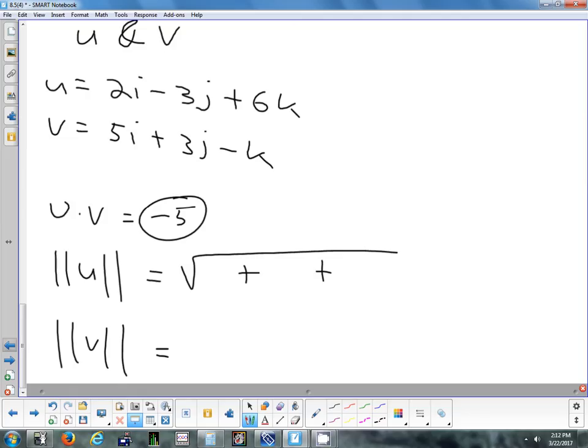So Ryan, what's going to be the first number that I put under my root to find the magnitude? And what do you have to do with the 2? Square. So we're going to put down 2 squared, which is 4. John, the next number that I'm going to square, and if you can do it out.